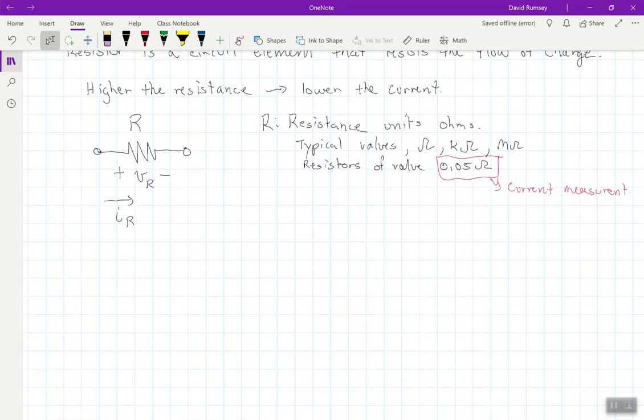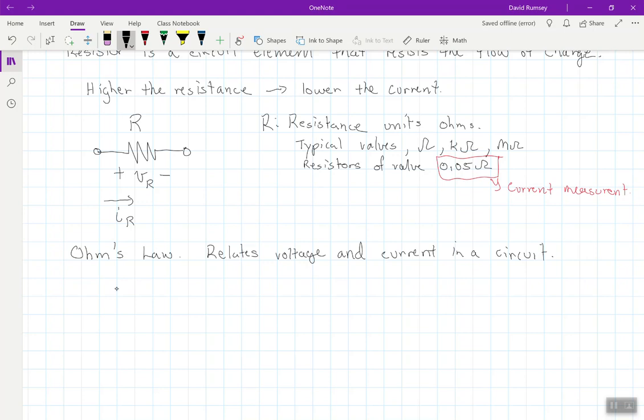Now, Ohm's law, we're just going to dive right in here. It was a very important discovery, and its discovery basically relates voltage and current. What do I mean by that?